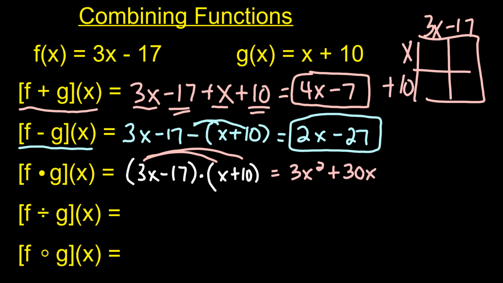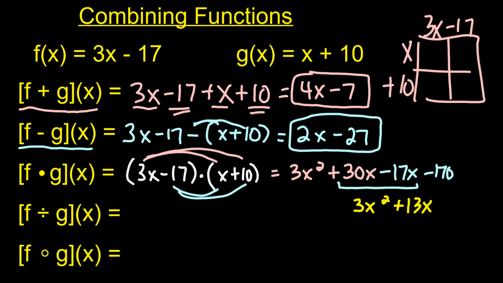And then we also have to distribute the negative 17 into both of them as well. So we get minus 17x minus 170. And then what we do is we've got some like terms here. We end up with our final answer being 3x squared plus 13x minus 170. So that is f times g of x.